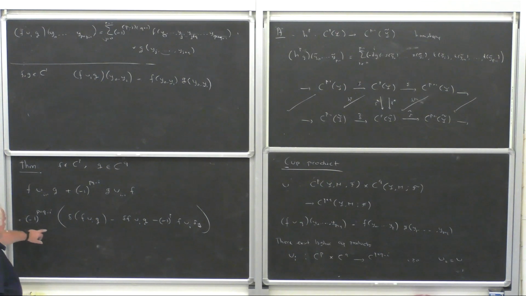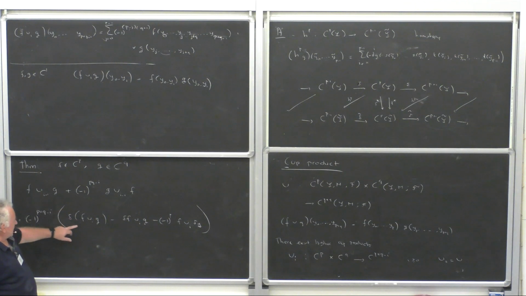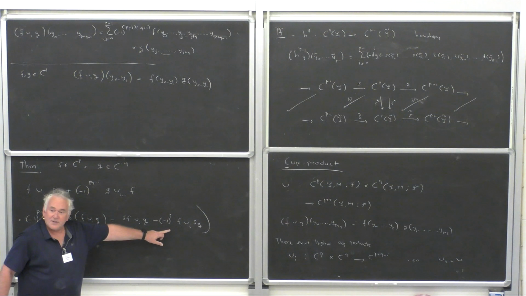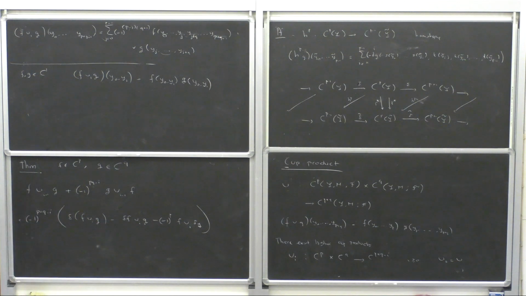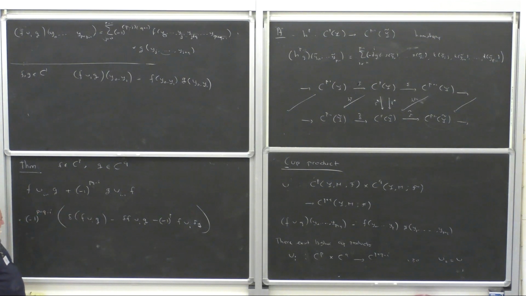So for instance, for i equals 0, there's no cup_(-1), so then the left-hand side is 0. So for i equals 0, it tells me that delta is a derivation of the cup product, a graded derivation. If I look at i equals 1, then it tells me that the usual cup product is not graded commutative, but this is the violation.